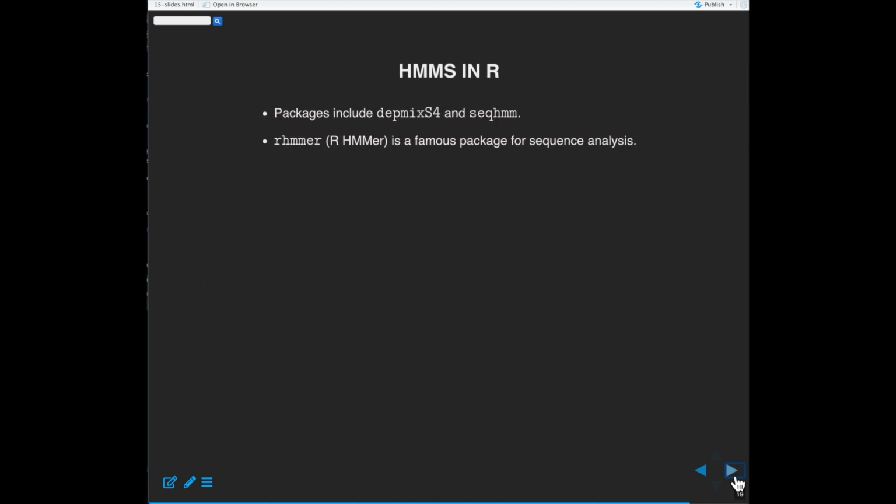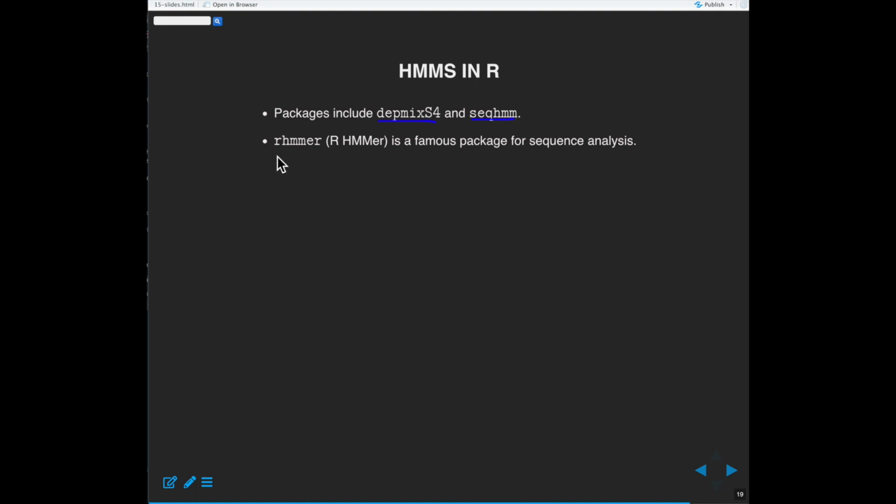HMMs in R, well, really, I don't have experience with DepmixS4. I think it's pretty famous. Of course, hidden Markov models get used in domains outside of biology. I think seqHMM is for social networking or something, like not Facebook, but social data. I'm not entirely sure. I've never used those two techniques. I'm sure they're very good packages.